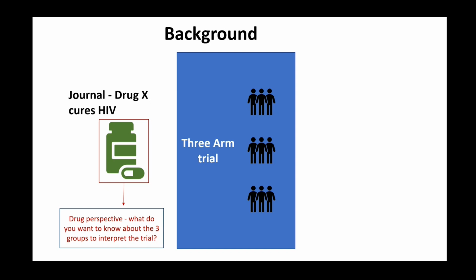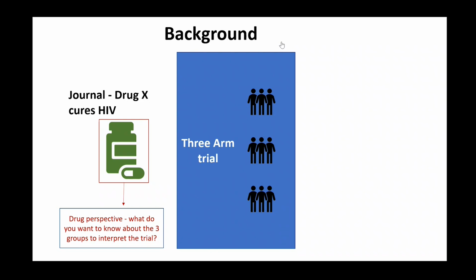So considering this from a drug perspective, what would you like to know about the drug? Yeah, so I'll just be looking at the chats to see what people are saying. So a 3-arm trial, drug X was administered to 3 groups.